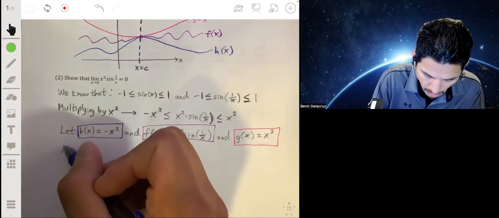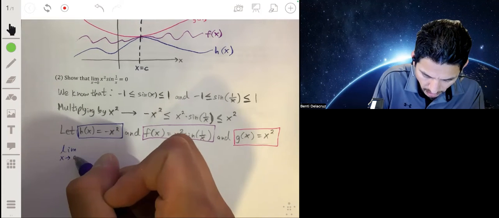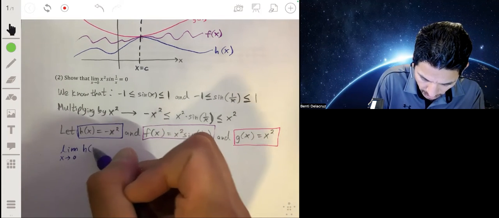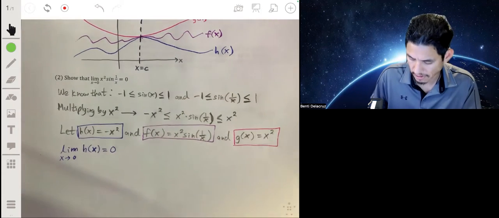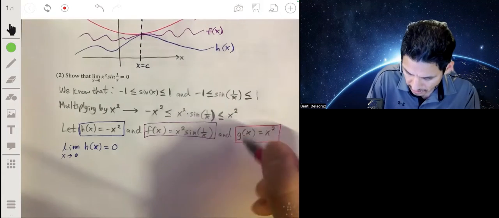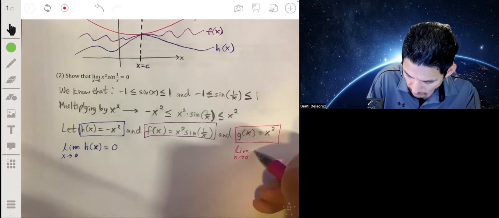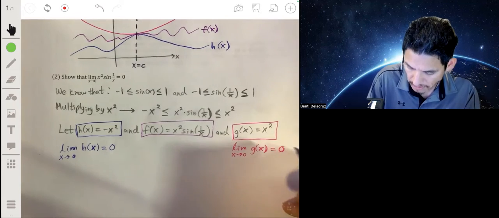So the limit as x approaches 0 of h of x is just equal to 0. The limit as x approaches 0 for g of x is also 0.